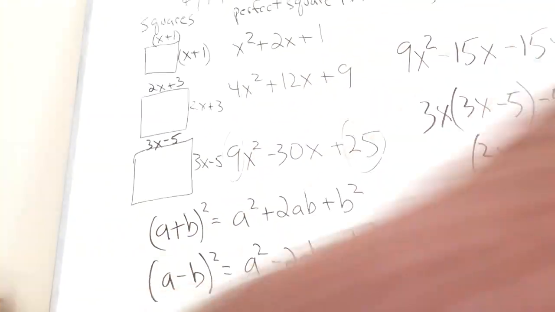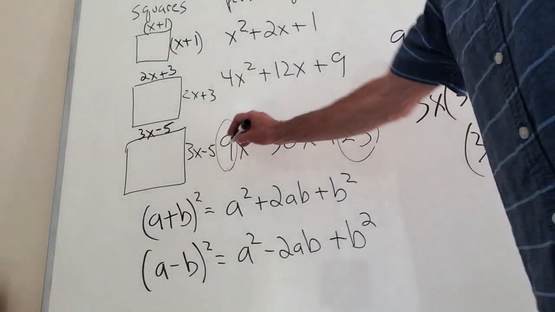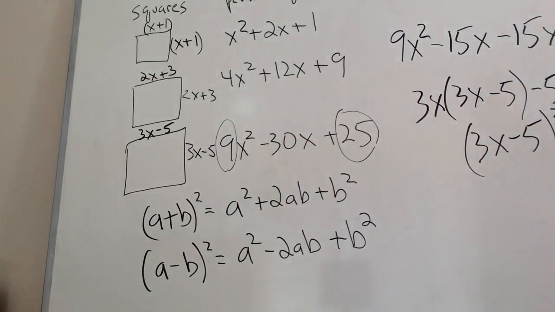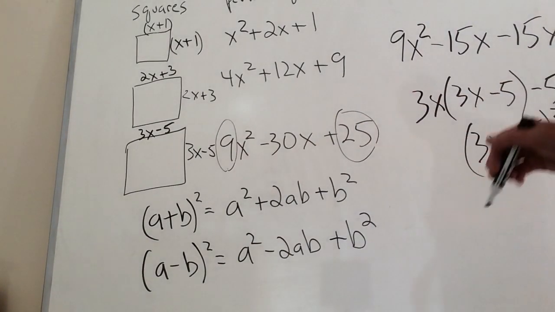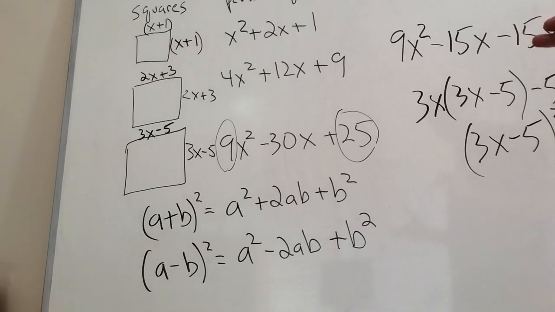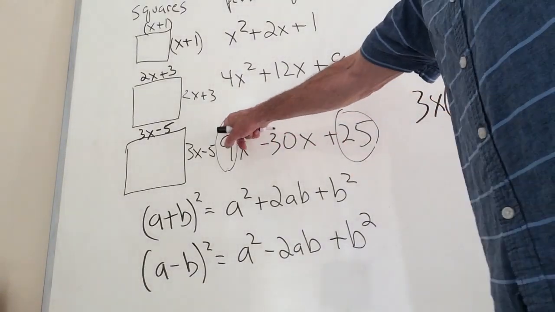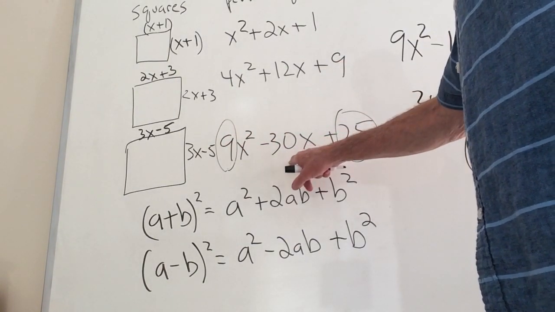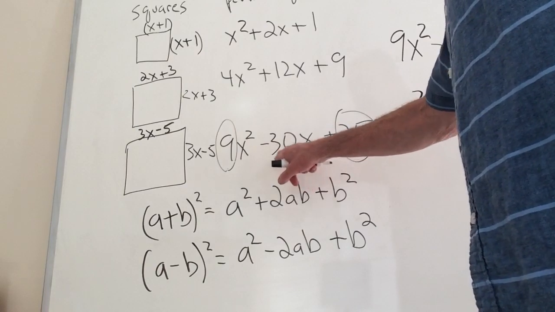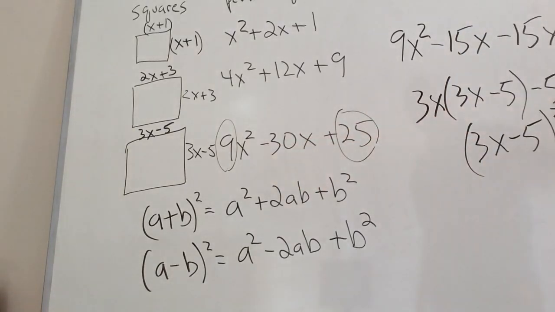If I look at the third one, you should be suspicious right away at the size of the coefficient in front of the x squared and the last term. They'll never give you the bigger numbers because it's too much work unless they're perfect squares. And so here one more time, 3, 5, middle term, 3 times 5 is 15, half of 30 is negative 15, and you don't even need to use the method, however, that always works.